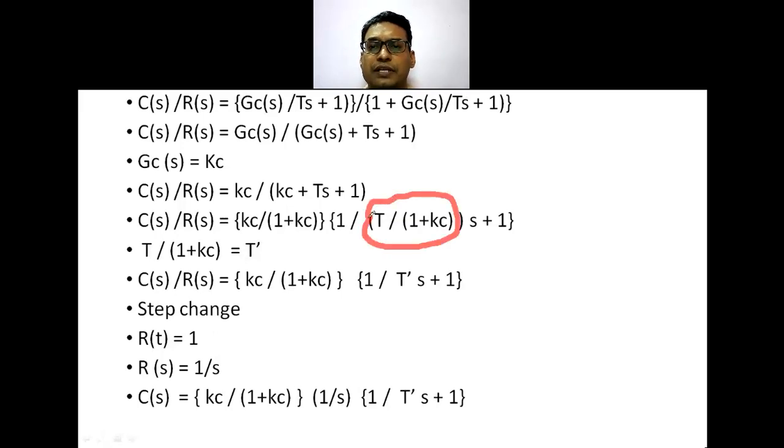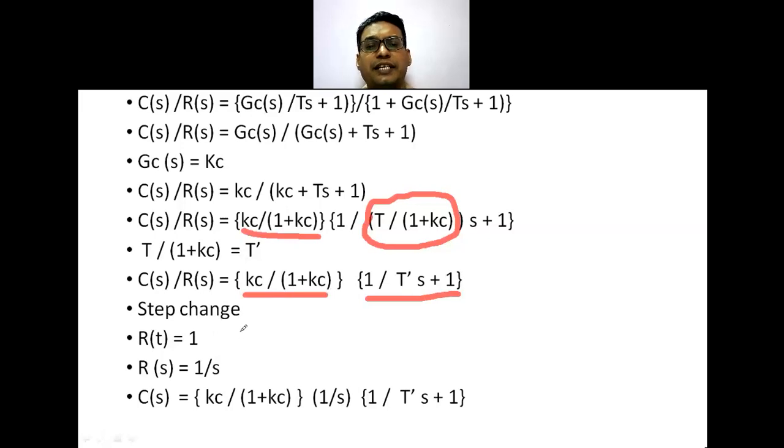So this simplifies to 1/(tau dash s plus 1). And the remaining part, Kc/(1 plus Kc), is the same here also.